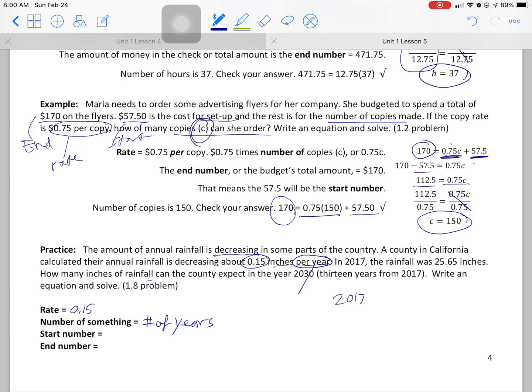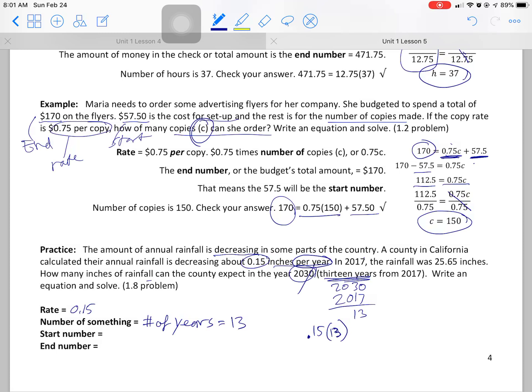And then how much can they have in 2030, which is 13 years from there. 2030 minus this gives you 13, okay? So 13 is the number of years, the number of something, all right? So our equation so far is 0.15 times 13, all right?